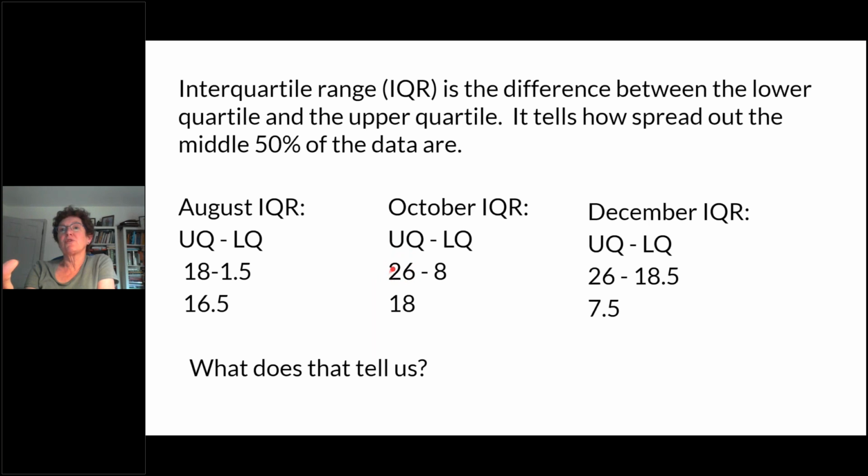My upper quartile was 26. Remember, it was sitting right there on the maximum. And then my lower quartile was 8. So 26 minus 8 is 18. So we were correct. We said that the interquartile range in August and October was about the same.